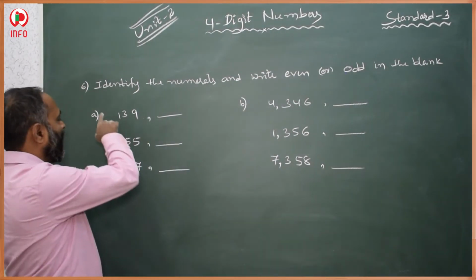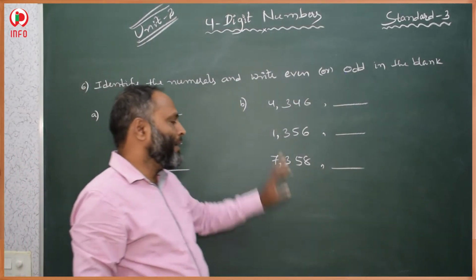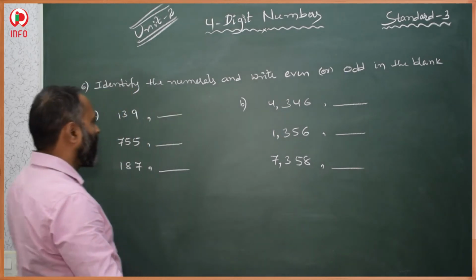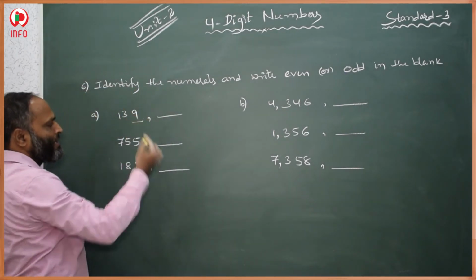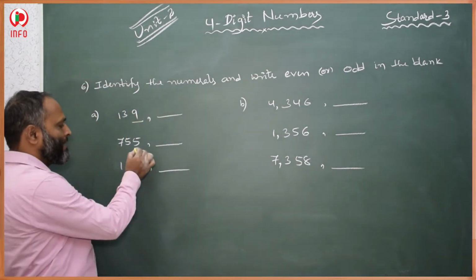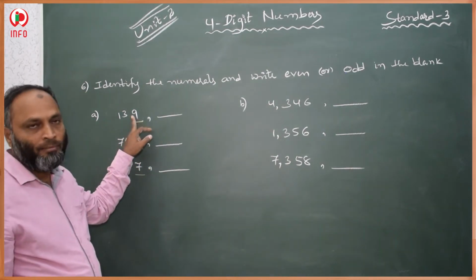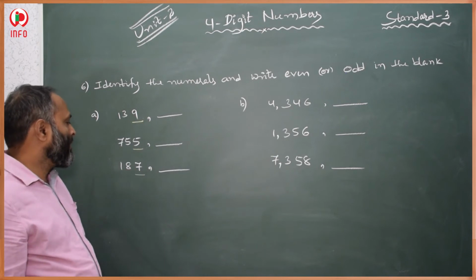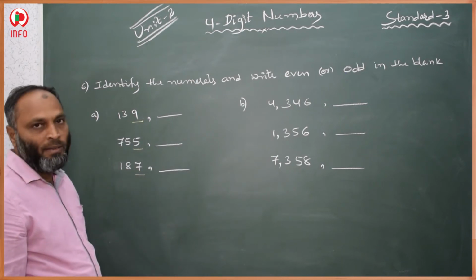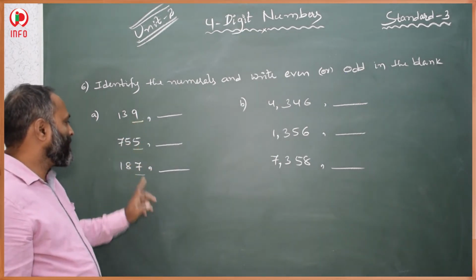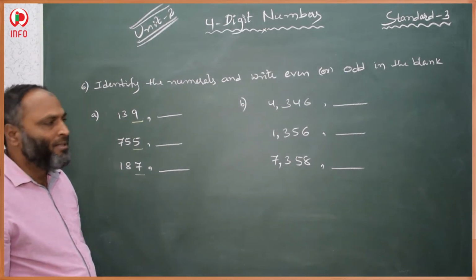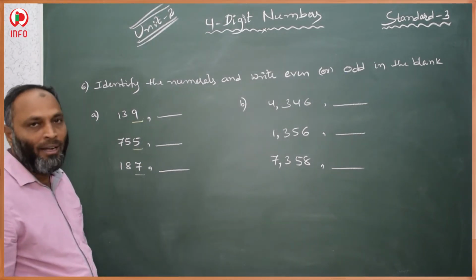Here in A bit 3 questions are given, in B bit 3 questions are given. We have to check the last digit, the ones place. In ones place 9 is there, in ones place 5 is there, and in ones place 7 is there. 9, 5, 7, all these numbers are odd numbers. So these 3 numbers are odd numbers.